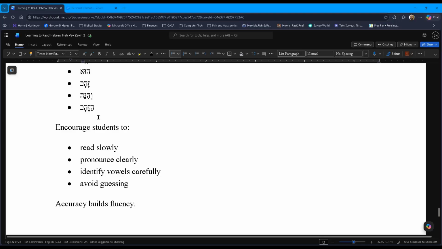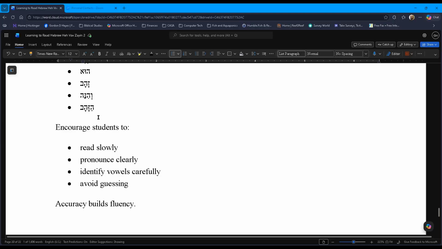If we're going to read from the Torah and learning the Masoretic pointing, it's not as important, but I think it would do us good to learn that there's a difference between the kametz and the patach, and the difference between the tzere and the segol, and so forth. And learn to pronounce our words clearly. I'm bad about that, I admit.